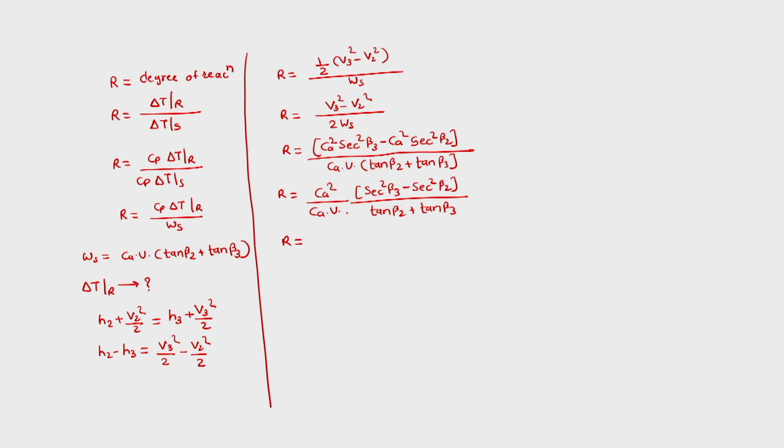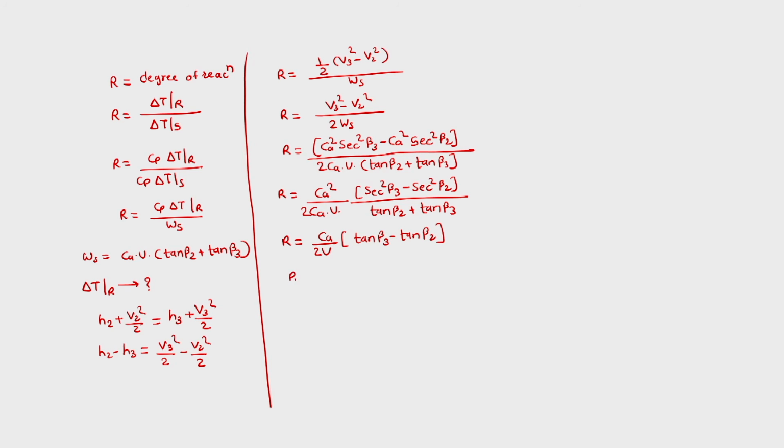So we can express this sec square theta in terms of tan square theta, and then ultimately we would get Ca upon U into tan of beta 3 minus tan of beta 2. We have just forgotten a 2 here.